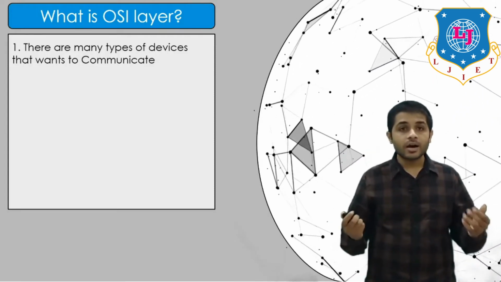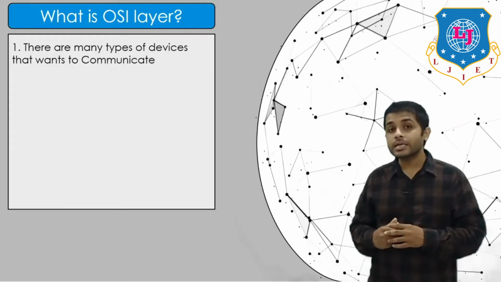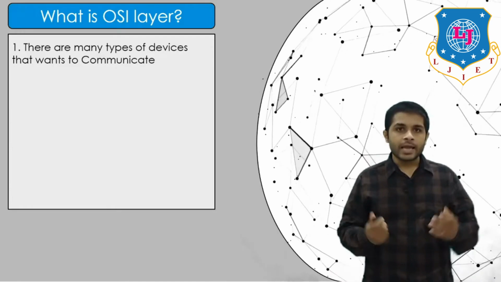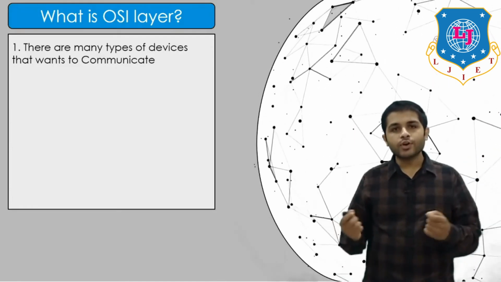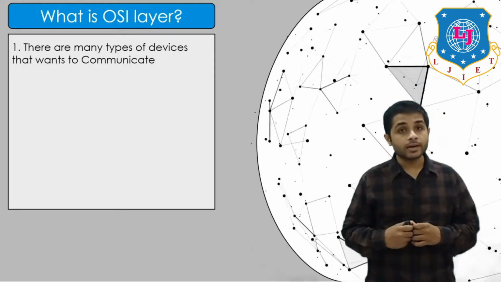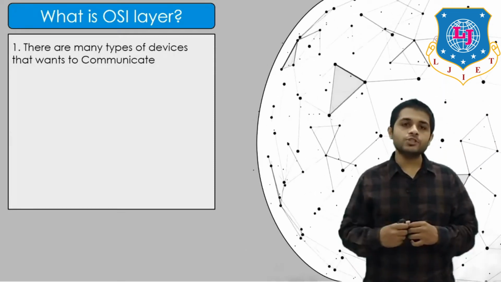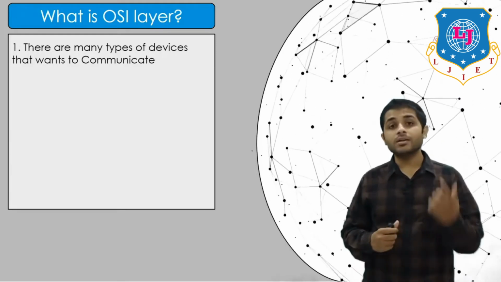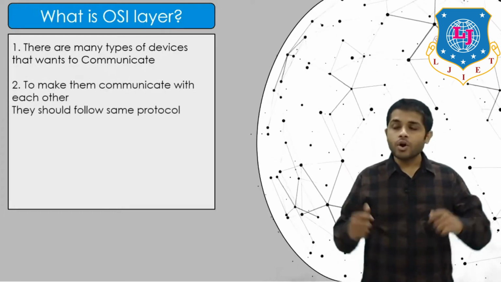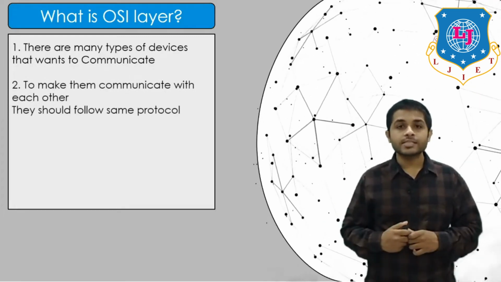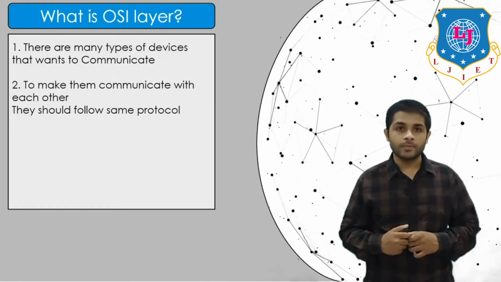If devices work on different operating systems, the representation of data will be different. And if you want two devices that follow different data representations to communicate, there is a possibility that one device might fail to understand what the other is trying to send. That is why all the devices should follow the same protocol, which is called the OSI model.